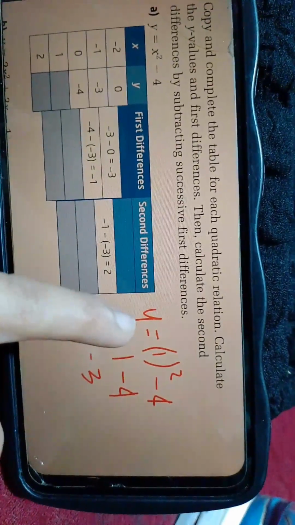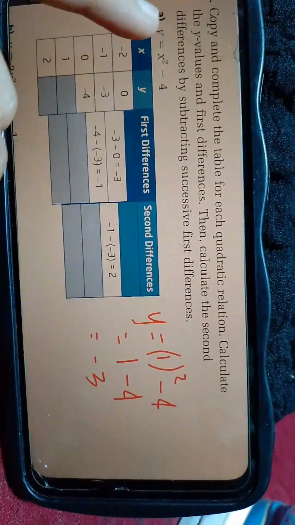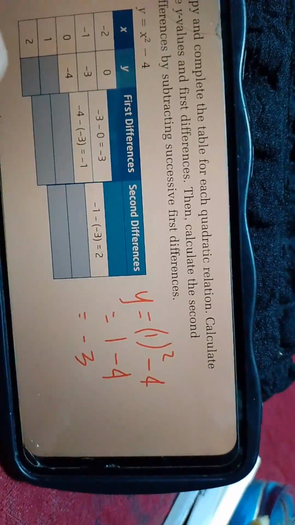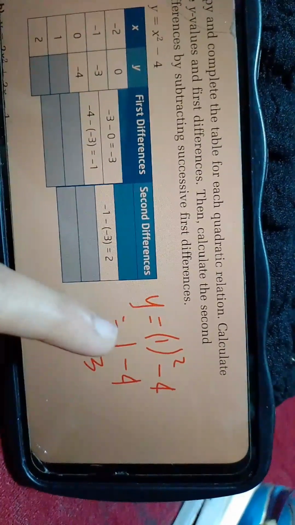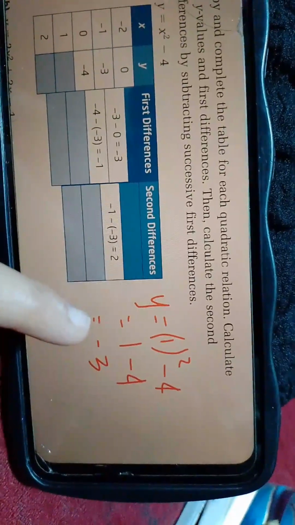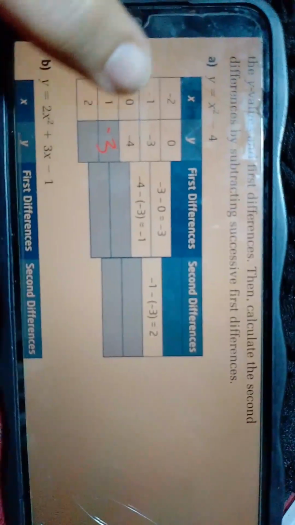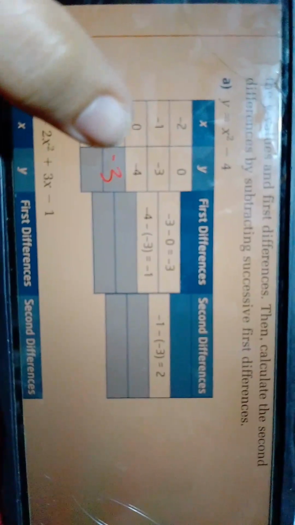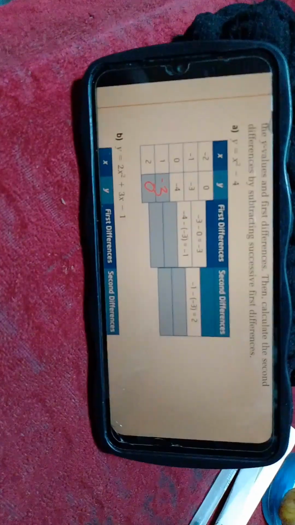So y equals 1 squared minus 4 based on the given quadratic equation. So 1 squared is 1, minus 4 is negative 3. Following our steps, we can now get the value of y when x is 2, and it is equal to 0.